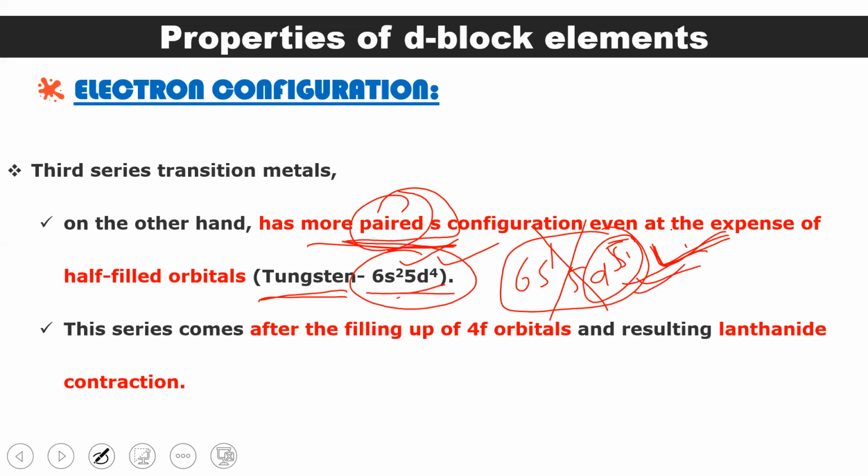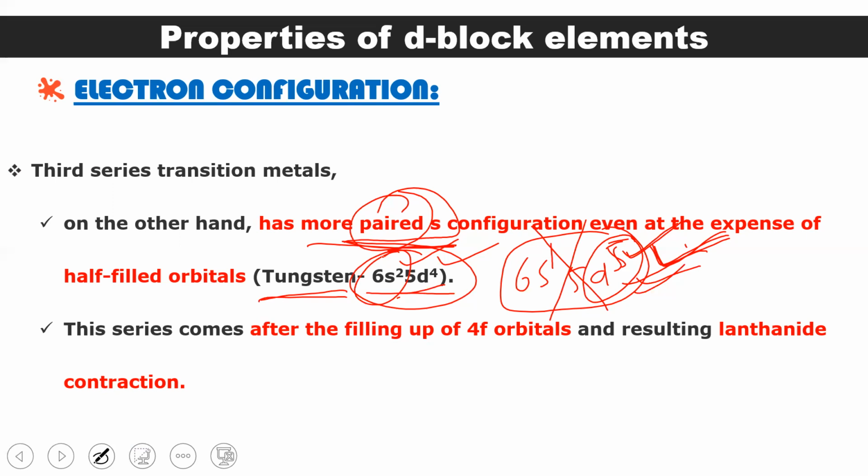Even though this configuration has a half-filled d configuration, the pairing energy is more effective in tungsten than the half-filled electron configuration. So that is why tungsten shows 6s2 5d4 rather than 6s1 5d5.